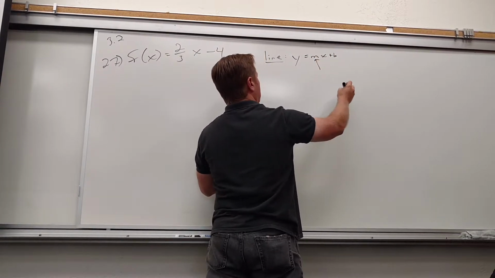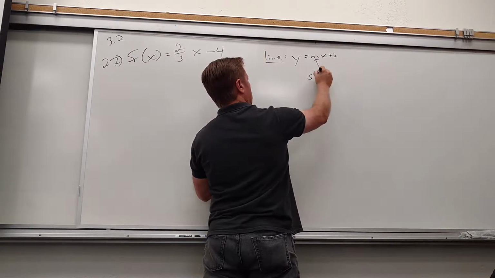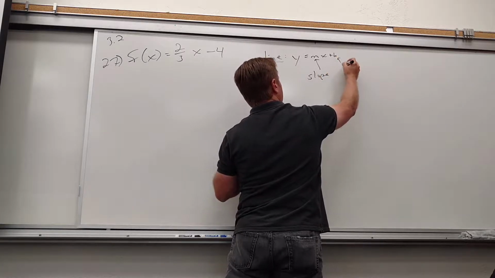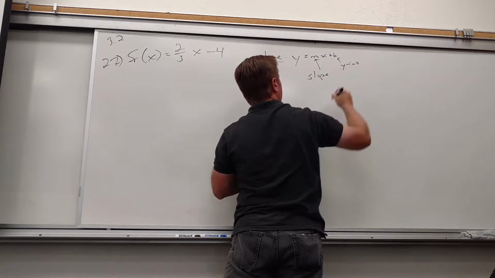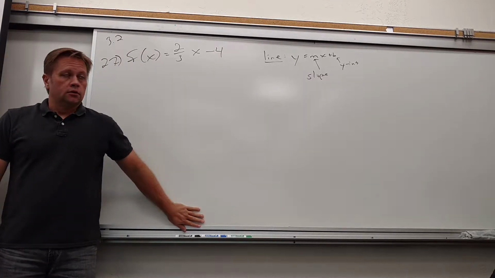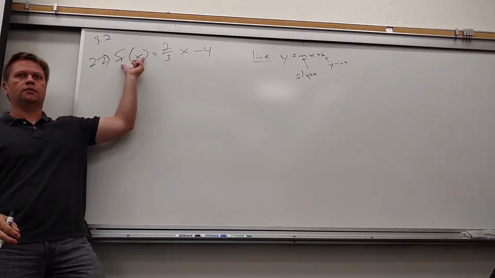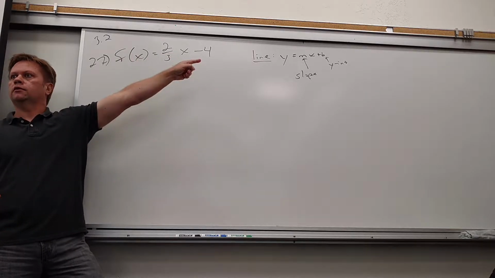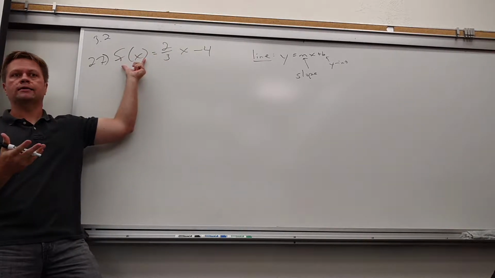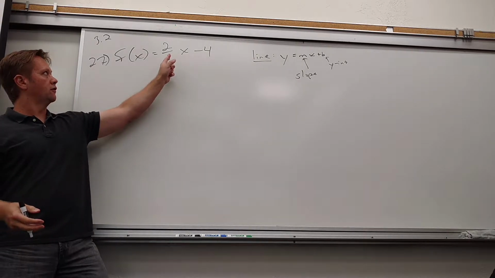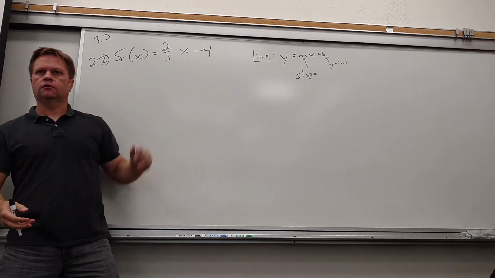And then whatever's here is going to be the slope, and whatever's here is going to be the y-intercept. So is it in the right form? Yeah, because f of x takes the place of y. It's the outputs. So it is in the form mx plus b.